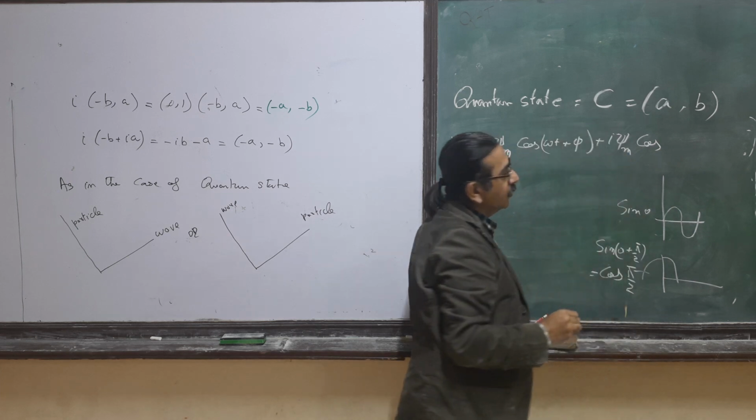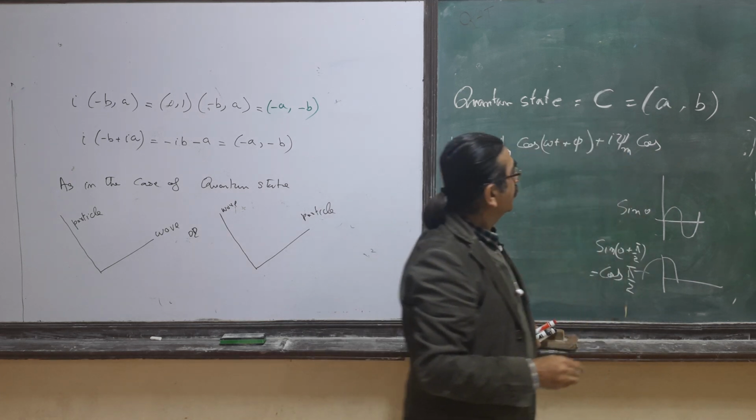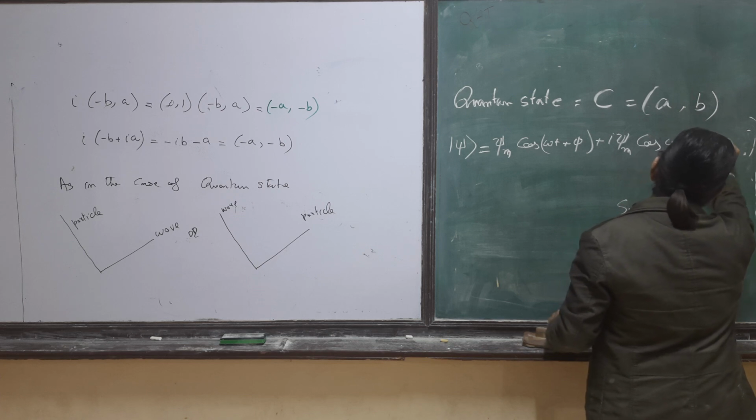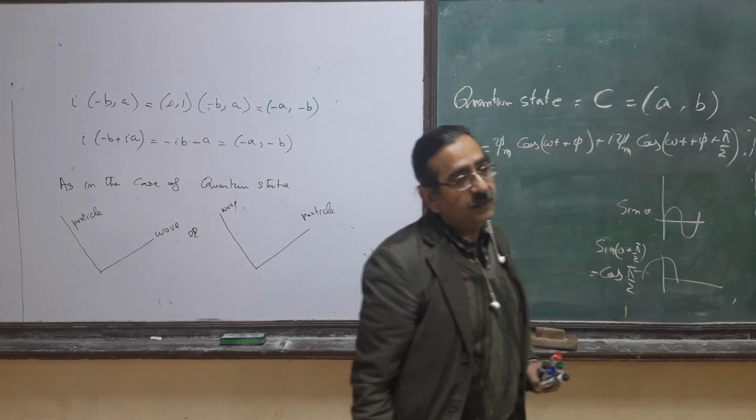Both are the same state, but at an angle of 90: cos omega t plus phi plus pi by 2. Yes, I may write it in this way.